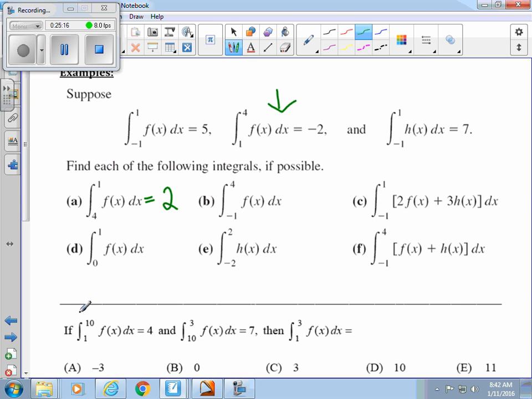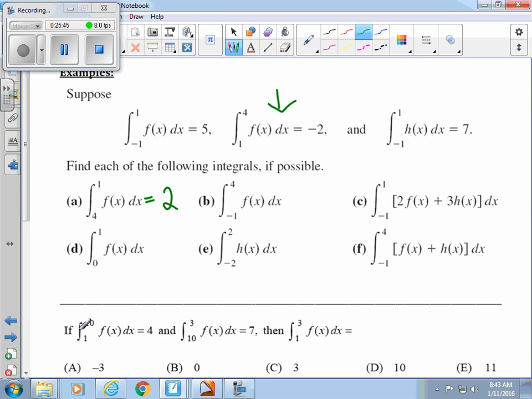The integral from -1 to 4 of f of x dx. I'll give you time to think, so don't answer yet. Any ideas? Think about, see if you can answer that. Okay. Any thoughts?